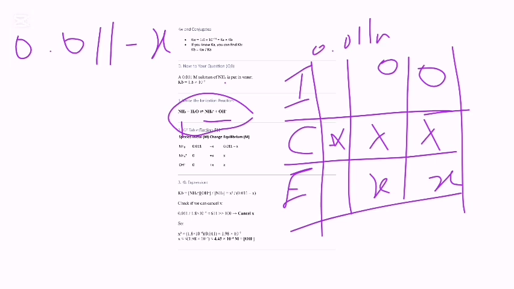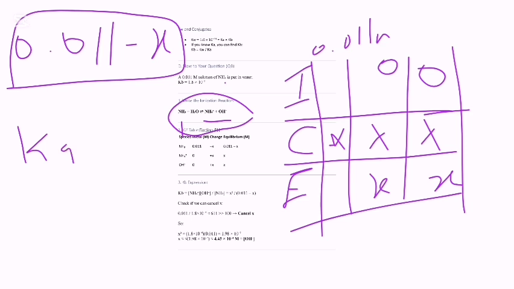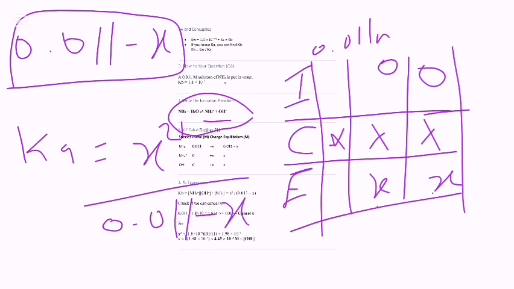Now what will be the K expression? The K expression will be x squared over 0.011 minus x. That's the K expression.